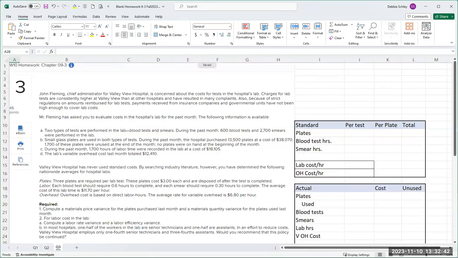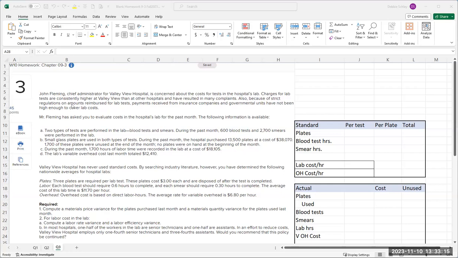Now, question 3 is a bear, but if you just take it a step at a time, you can understand it. I'm quickly going to read through all of these words and start pulling out the numbers that matter. I made a chart for standard and a chart for actual so I don't get confused. John Fleming, Chief Administrator for Valley View Hospital, is concerned about the cost for tests in the hospital lab.